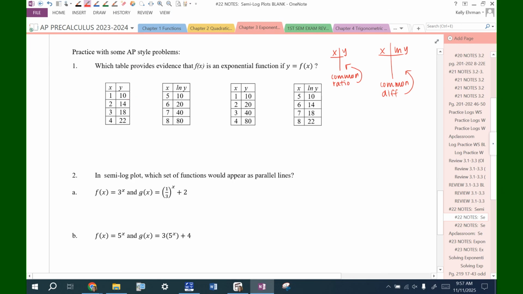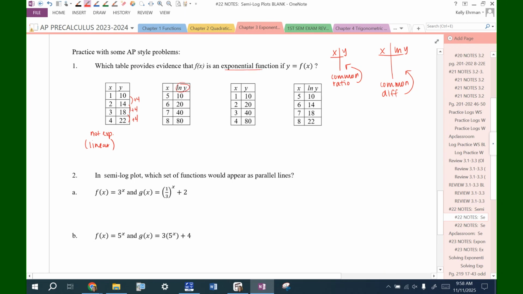X and y, this is not an exponential function. You're adding 4 every time. That's a common difference. So this is not exponential. In fact, this is just a linear relationship between x and y. Now, if I have x and ln y, I am looking for a linear relationship if I want it to be exponential.